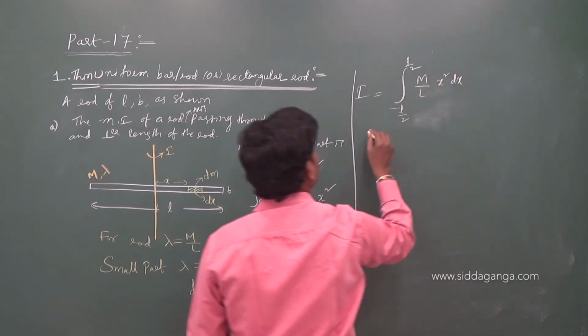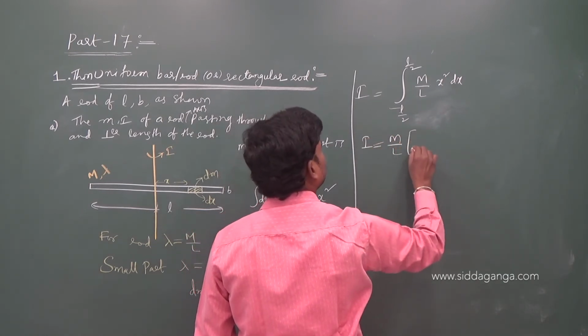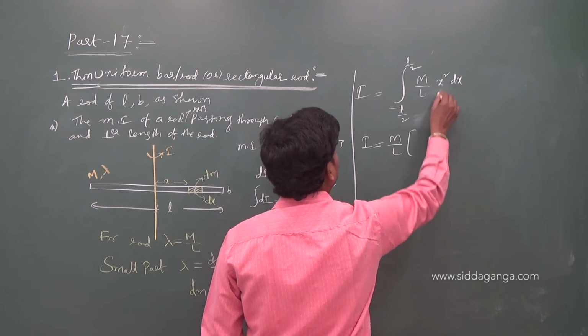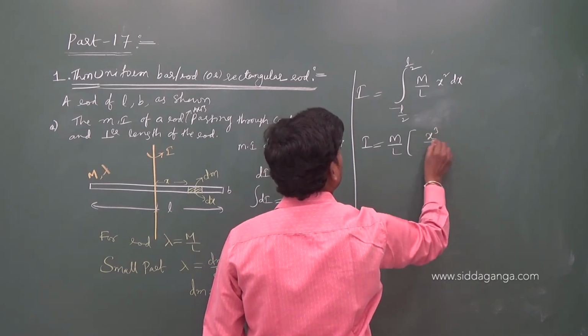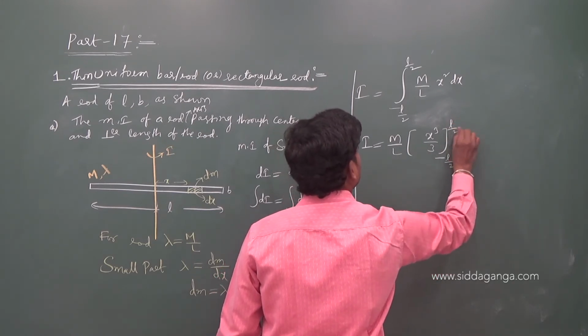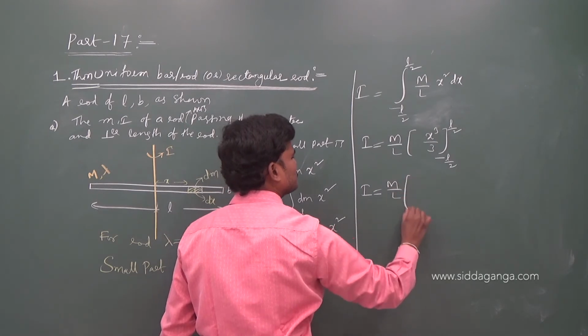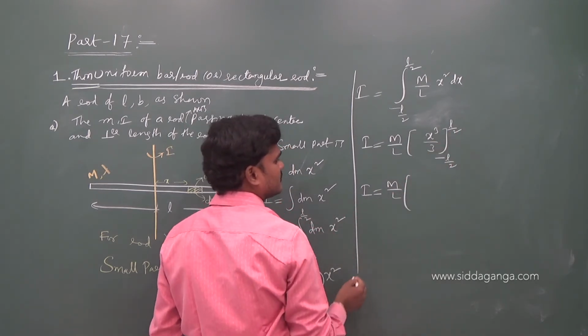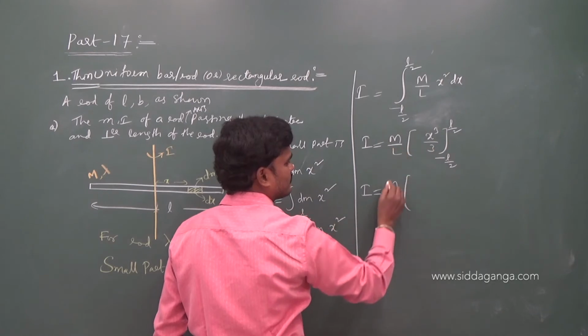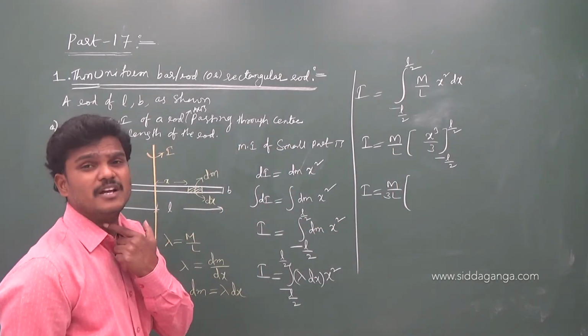M by L you write outside. Integration of x square dx is x cube by 3, from minus L by 2 to plus L by 2. 3 is a constant, write it outside: m by 3L. Substitute the upper limit, L by 2 cube.